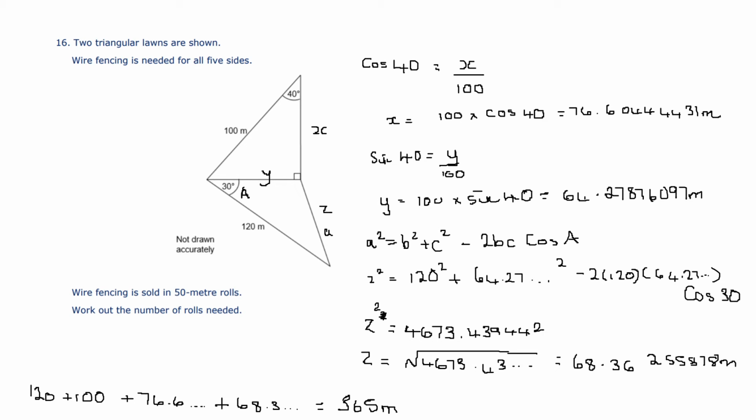So we need to know how many 50-metre rolls we're going to need. So if we do 365 divided by 50, that's going to give us 7.3. And obviously we can't buy 0.3 of a roll, so we're going to round up. So we need to buy 8 rolls.